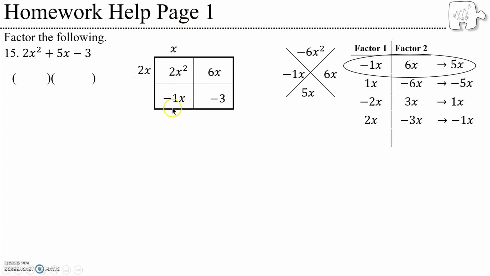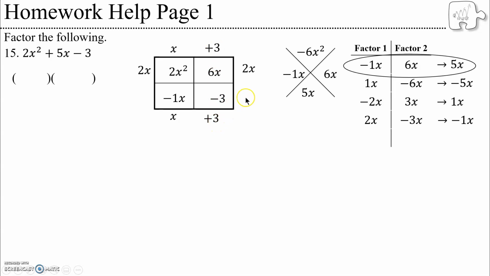Now we drop it down and drop it across. How many times does 2x fit into 6x? 3 times. And x times what is negative 1x? Oops, since there's a plus 3, there's a plus 3.